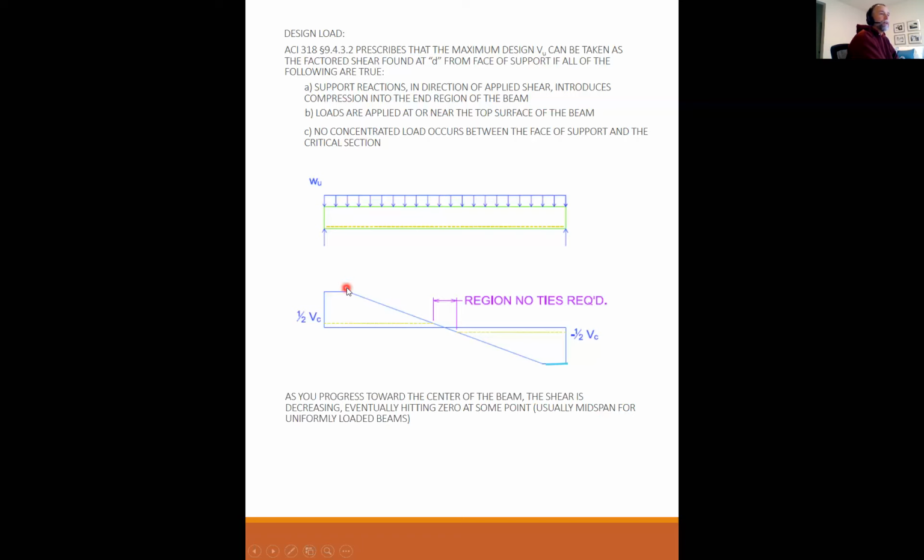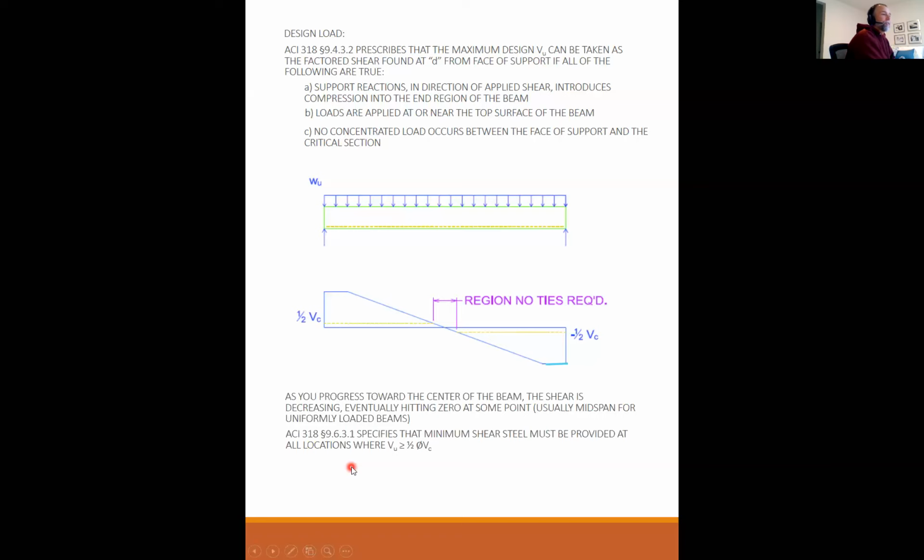So VU decreases as you get towards the center of the span. There's not just one VU; there's a VU at any given section. It's our job as designers to make sure that at any given section, we have at least enough phi VN to cover the VU at that section. What it also means is that we can start dropping off shear ties as the shear starts dropping off.